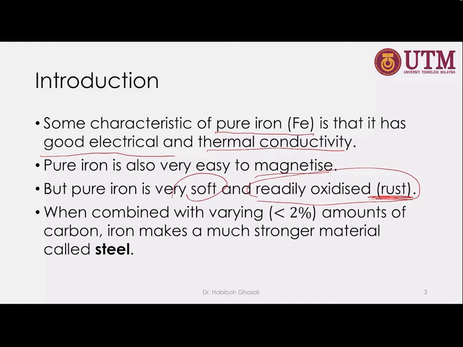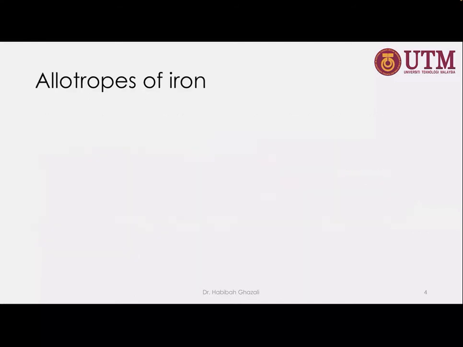However, by adding just carbon, a light element, an abundant element, it can produce a lot of benefits to our world, which is steel. How much? It's only less than 2% of carbon, a small amount.